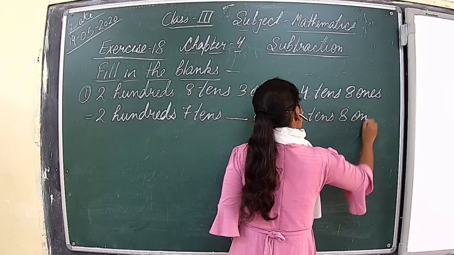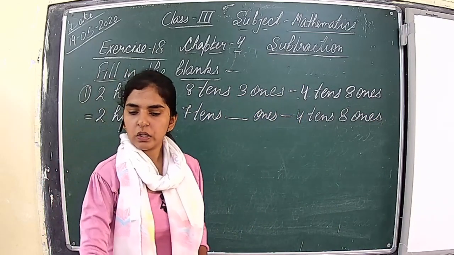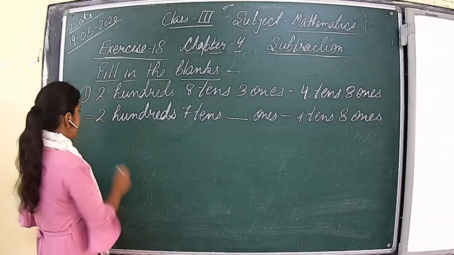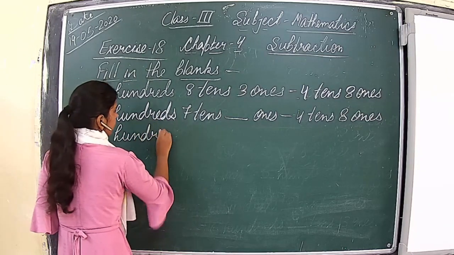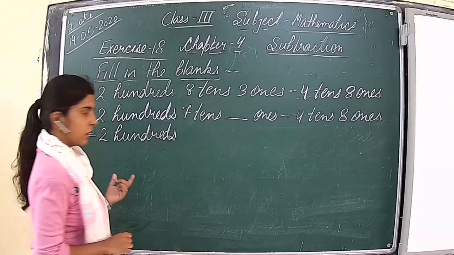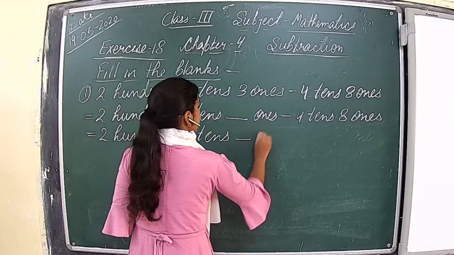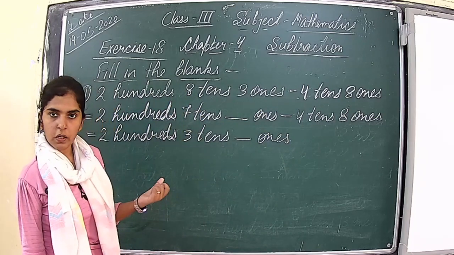Next one: 200, 3 tens, dash 1. This is the question number 1.